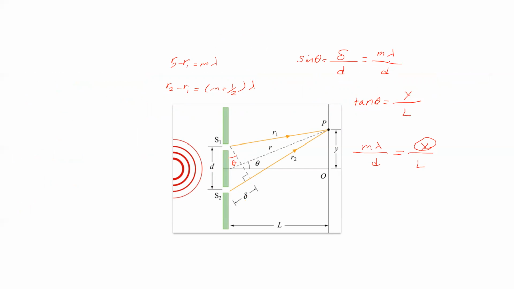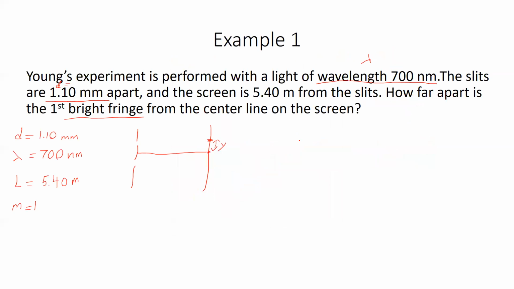In the case of our question, m equals 1. On the other hand, we know tan theta equals y divided by L. If I use these two formulas, sine theta equals m lambda divided by d, and tan theta equals y divided by L. Because theta is really small, we can put them equal.